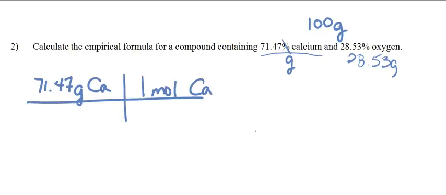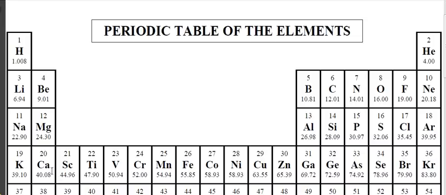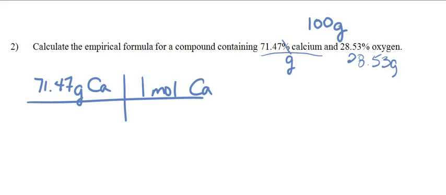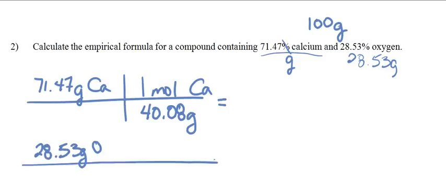In 1 mole of calcium, I believe the molar mass is 40.08 grams. And we'll find out how many moles that is, but not yet. We're also going to change our 28.53 grams of oxygen. Let's find out how many moles of that we have.